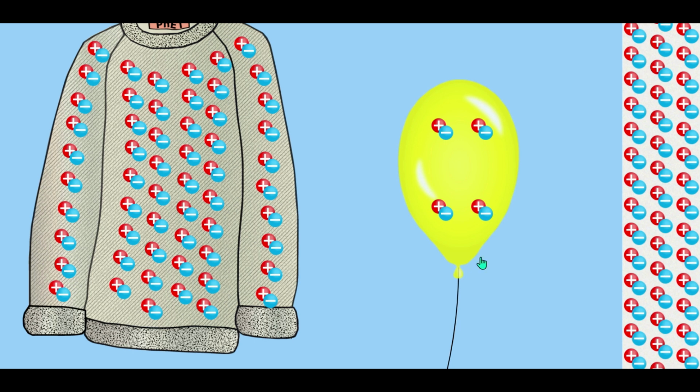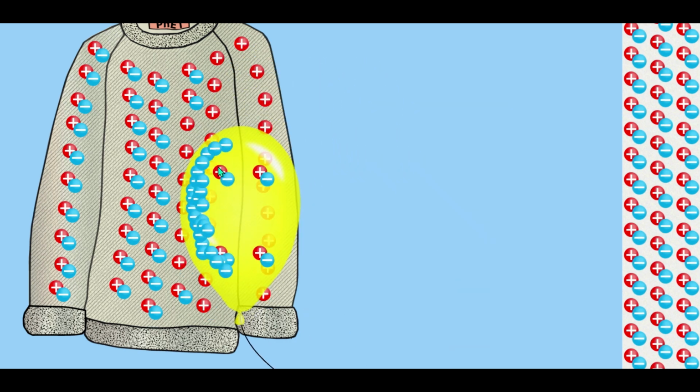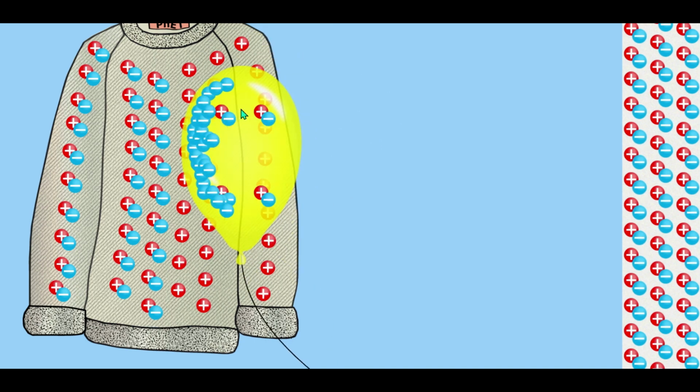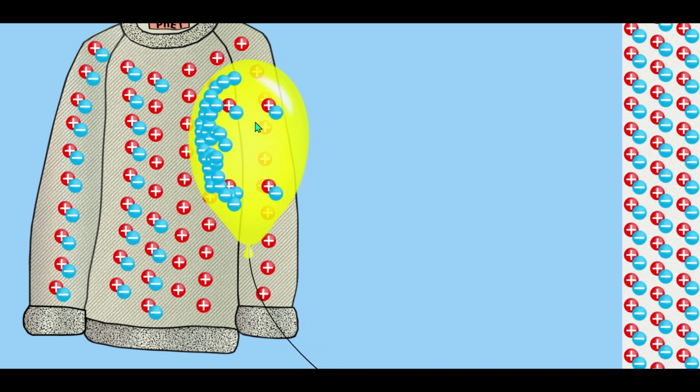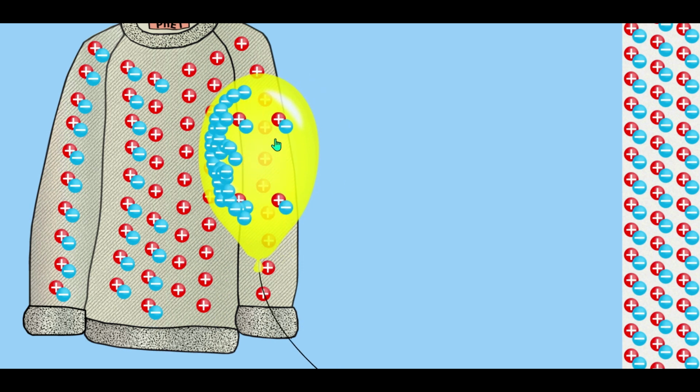But if I take this balloon and I rub it to the sweater, you can see that the negative charge from the sweater is transferred to the balloon, right? The balloon is made up of plastic and the sweater is made up of wool.